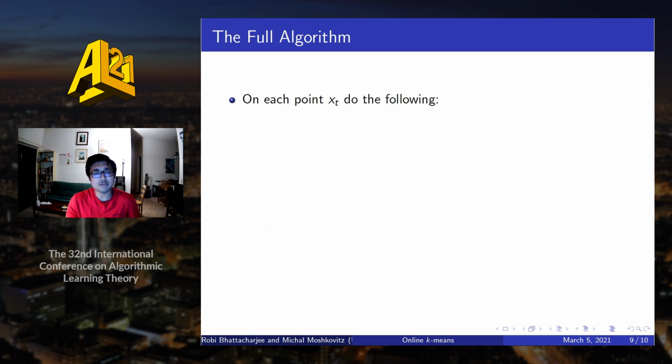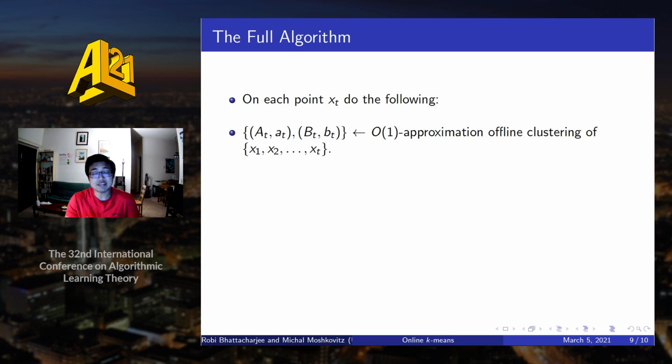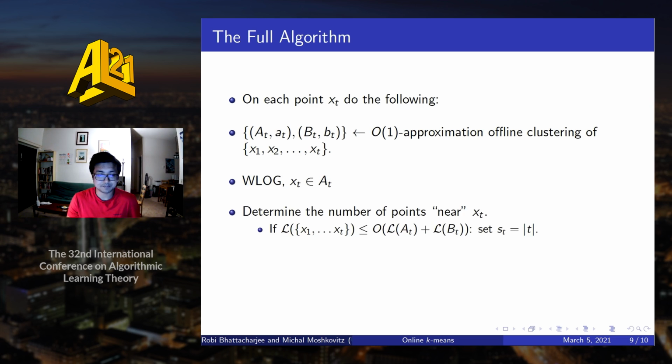For our general algorithm, we'll do kind of the same thing. For each point xt, we first have to take this rather expensive step where we compute an offline clustering of the first t points, which we call a comma b. Then we determine the number of points near xt, the most recent point we've seen.